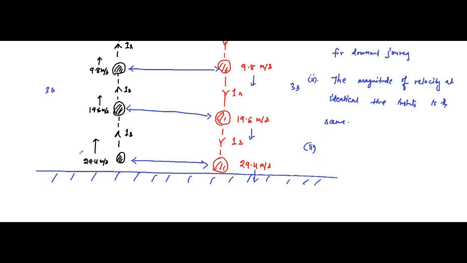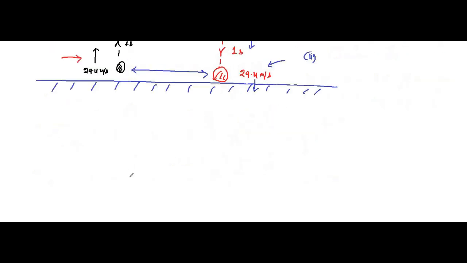It was thrown upwards with a velocity of 29.4 meters per second, and it came down with the same velocity, that is 29.4 meters per second downwards.